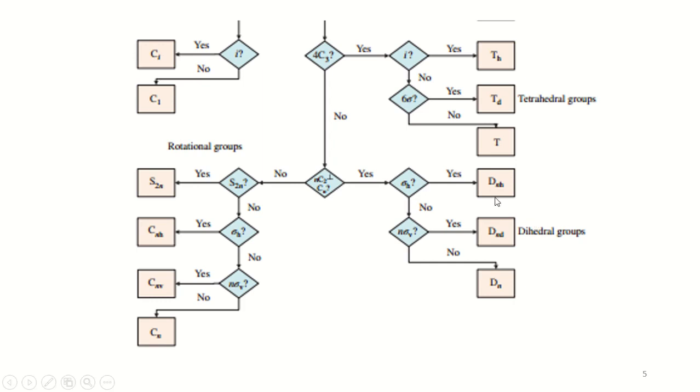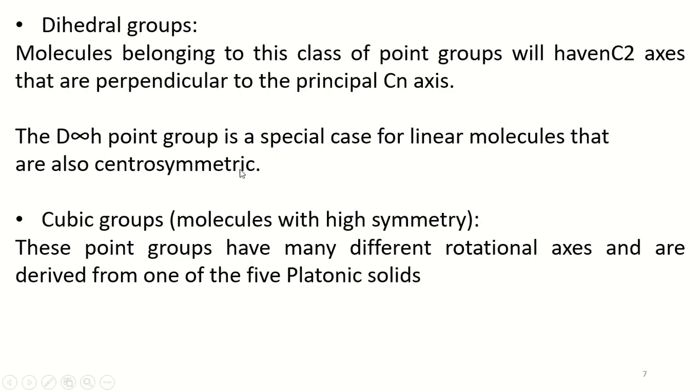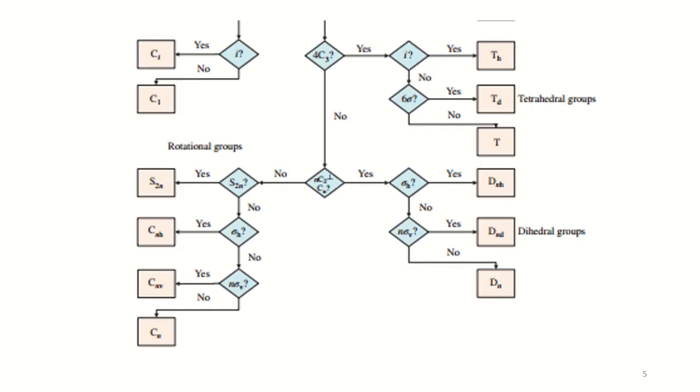DNH point groups. The D infinity h point group is a special case for linear molecules that are also centrosymmetric in nature.